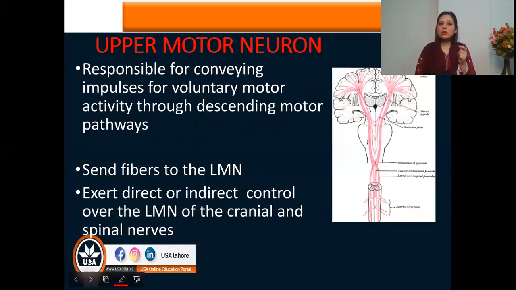Upper motor neurons are responsible for conveying impulses for voluntary motor activity through the descending motor pathways. They send fibers to the lower motor neurons and exert direct or indirect control over the lower motor neurons of the cranial and spinal nerves.